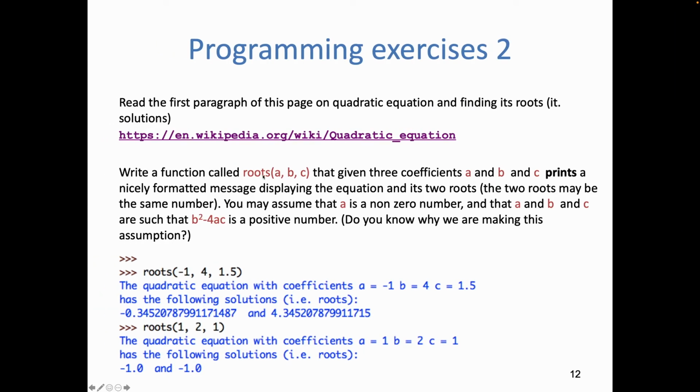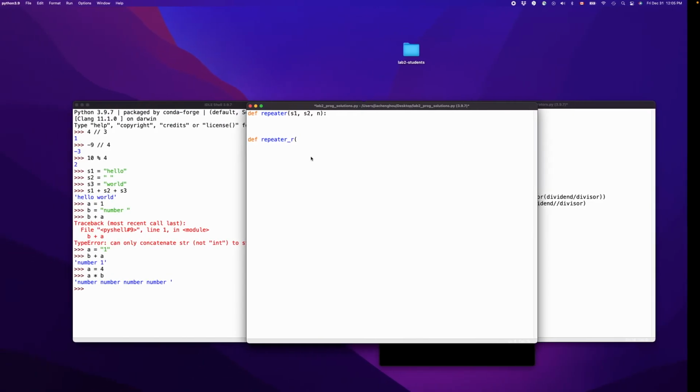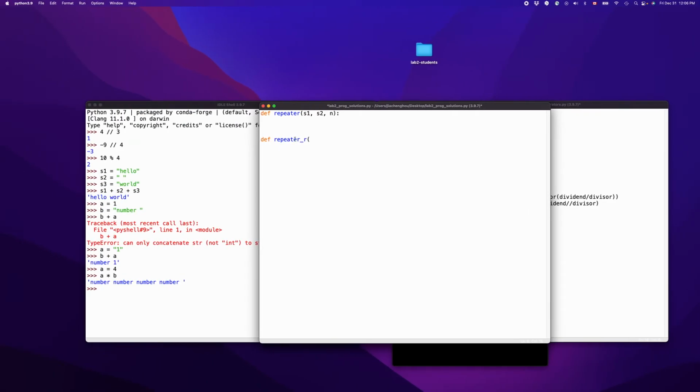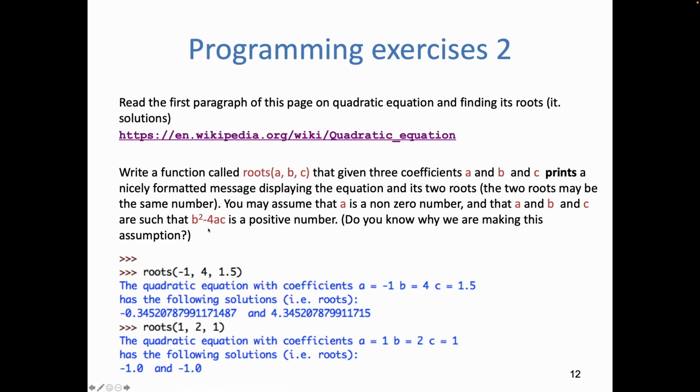The function named roots, A, B, C. So in this file, you should name the function as roots, and it accepts 3 arguments A, B, C. And the function prints a nicely formatted message displaying the equation and its 2 roots.